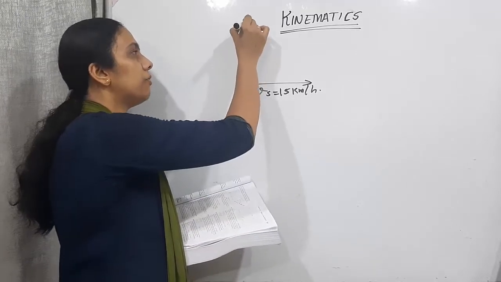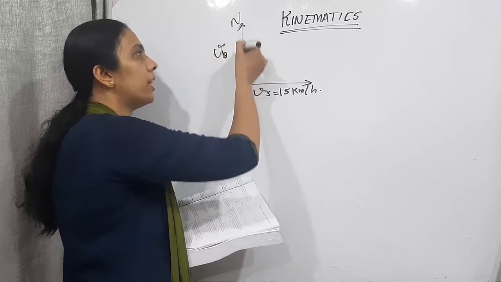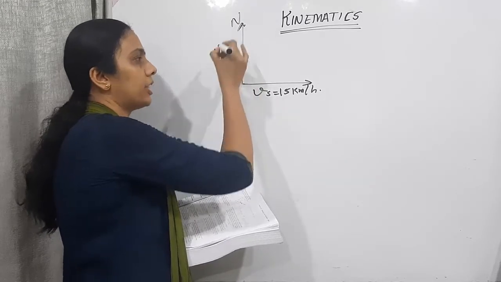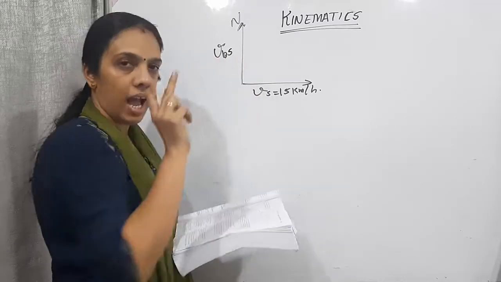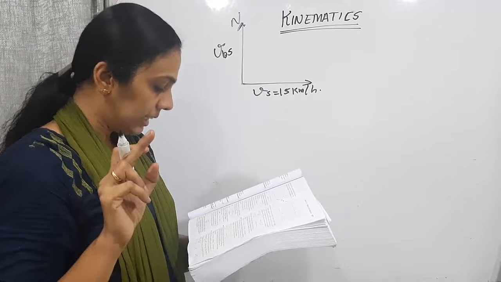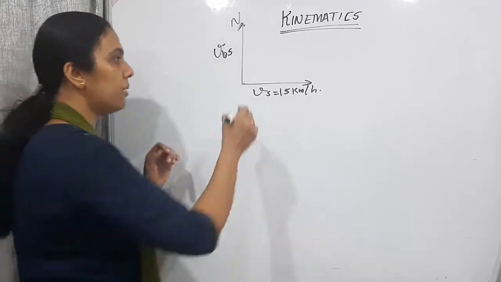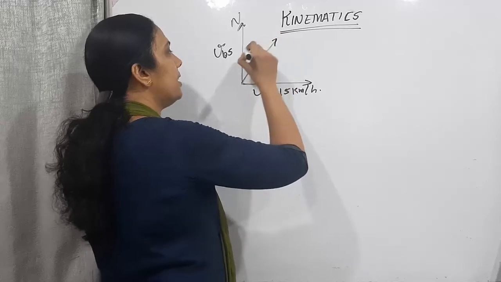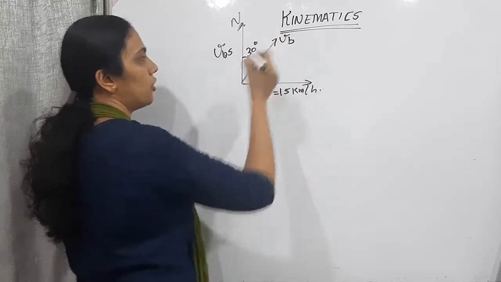From the ship, we observe that the boat is always moving in the north direction, that is the velocity of boat with respect to the ship. But actually it is heading 30 degree east of north, that is from north it is at an angle 30 degree. This is the velocity of the boat.